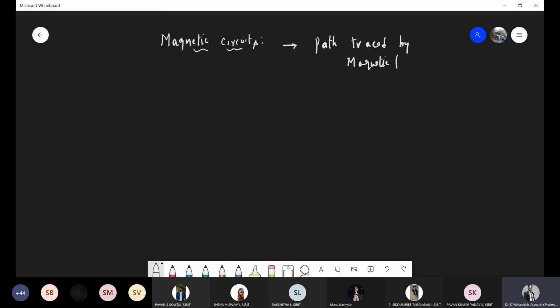Now I would like to introduce some fundamental keywords of magnetic circuits. So what is magnetic flux? Magnetic flux is denoted by phi. Can anybody answer this question?